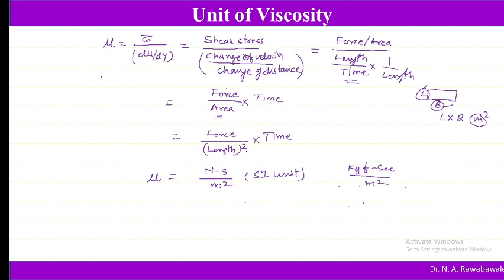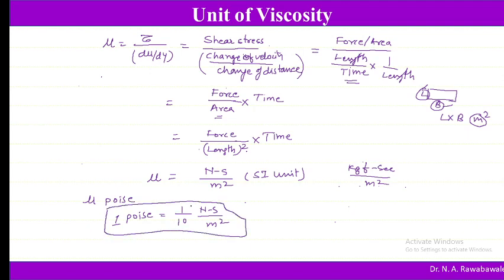A very popular unit for this is poise. Generally this mu is measured in poise. What is this poise? 1 poise is equal to 1 by 10 times Newton second per meter square. So 1 poise is nothing but 1/10 of Newton second per meter square. That is the relation of poise with SI unit.